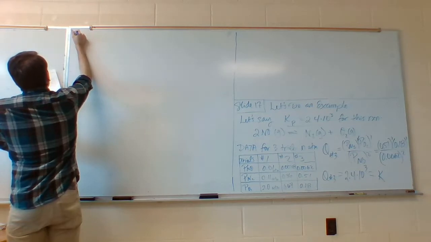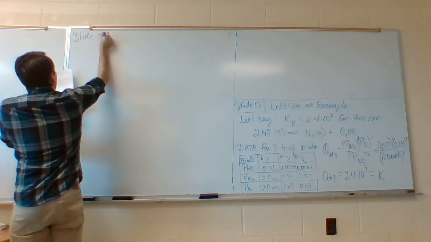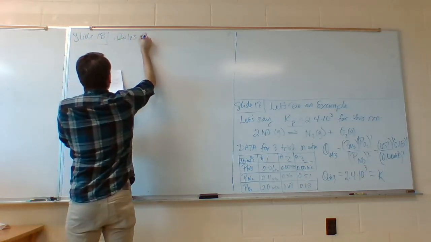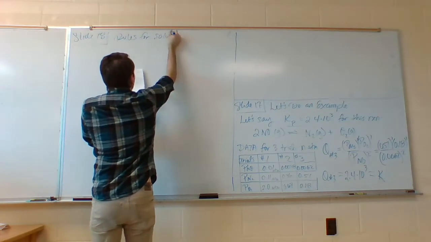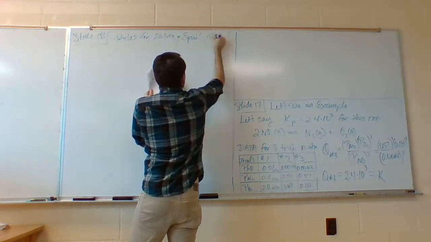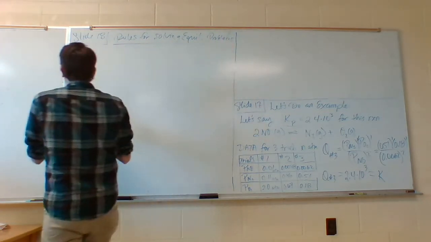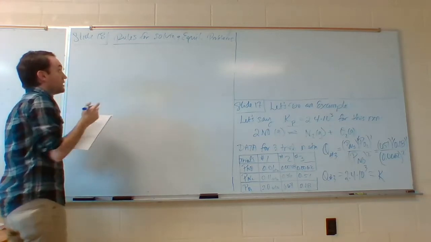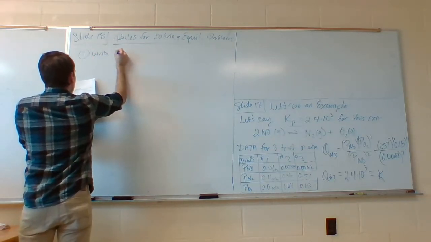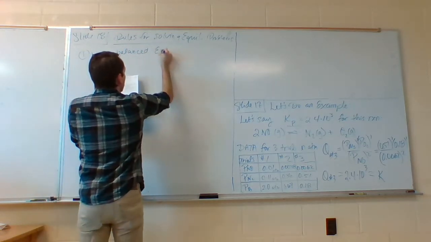All right, now, the very first thing for this we will do is going to be on slide 18, right? And this is where we outline the rules for solving equilibrium problems. These are super important in chemistry, right? Now, the steps for this: the first thing you're going to do is write a balanced chemical equation.